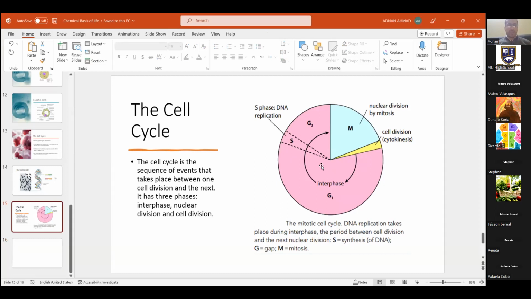I gave the example of your mom cooking food for you, that she does not give you the food without checking the taste. So it is just the checking of the DNA, that the DNA which was synthesized in the previous phase is okay. Is it clear? Okay, thank you.